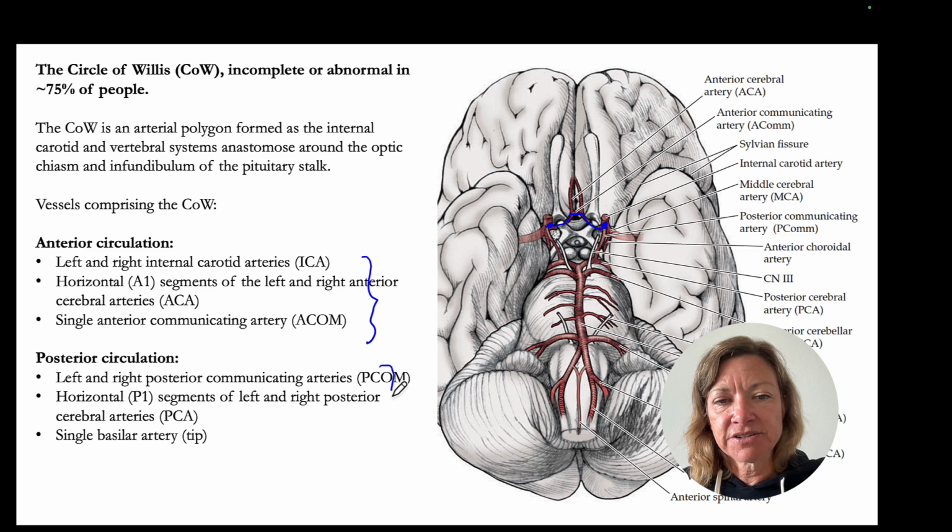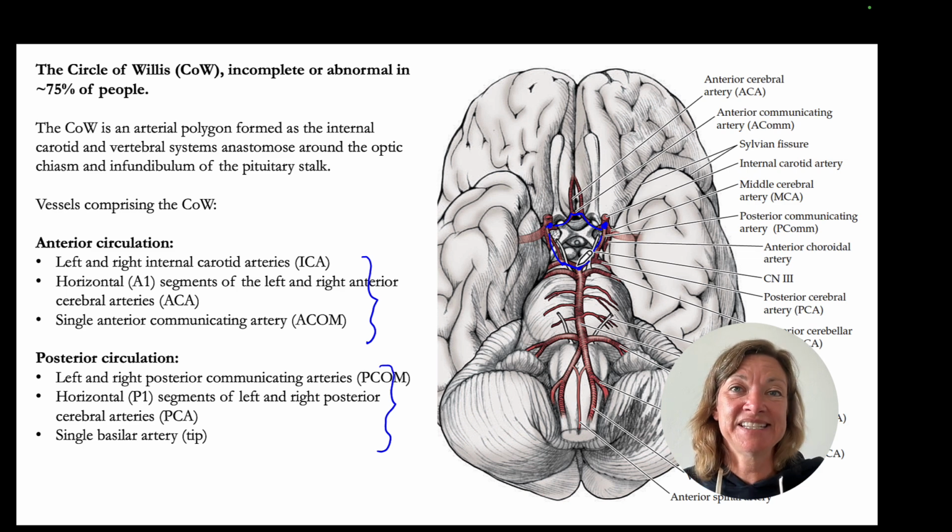On the posterior side of things, we have the left and right posterior communicating arteries, the proximal segment of the posterior cerebral arteries, PCAs, and the tip of the basilar artery. Those vessels do make up the circle of Willis. However, it's really important to know that one or more of those vessels might be hypoplastic, i.e. smaller than normal, or missing entirely in many of us.